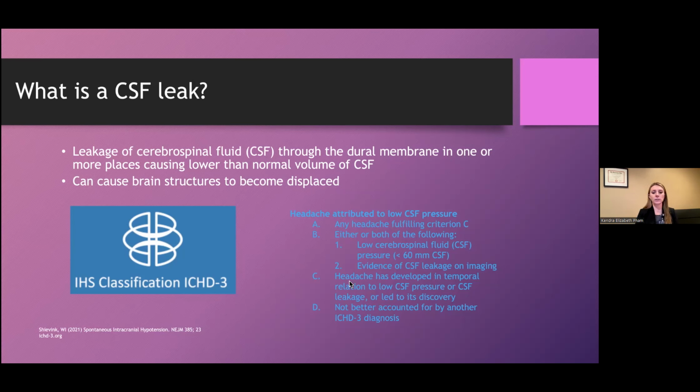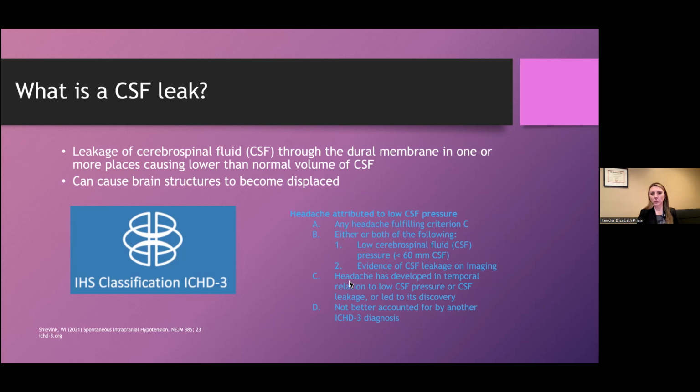And so the diagnostic criteria, for the technical term, headache attributed to low CSF pressure, and there are some subvariants of that, basically requires either or both of the following: either low cerebrospinal fluid pressure, so less than 60 millimeters of fluid.